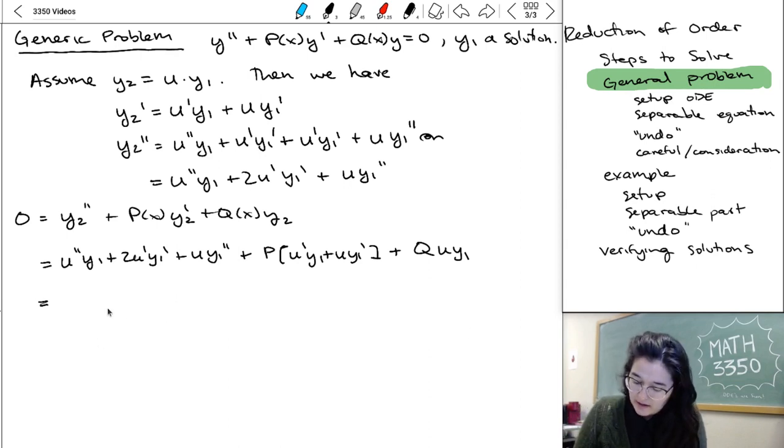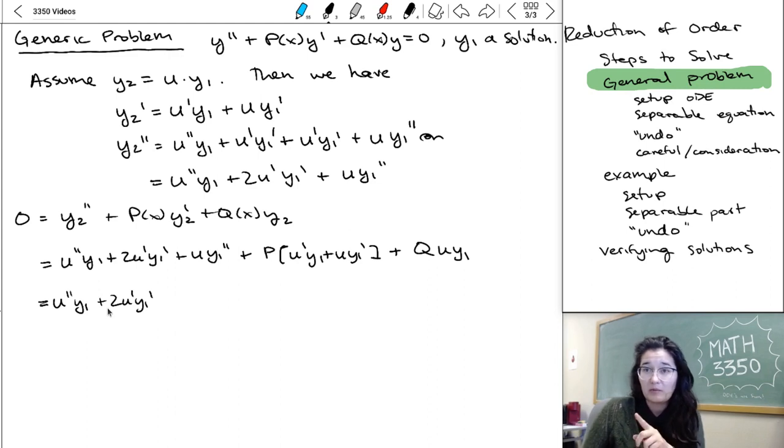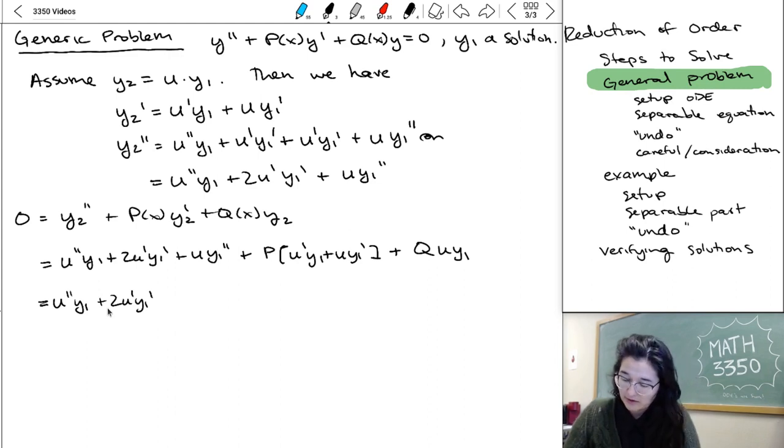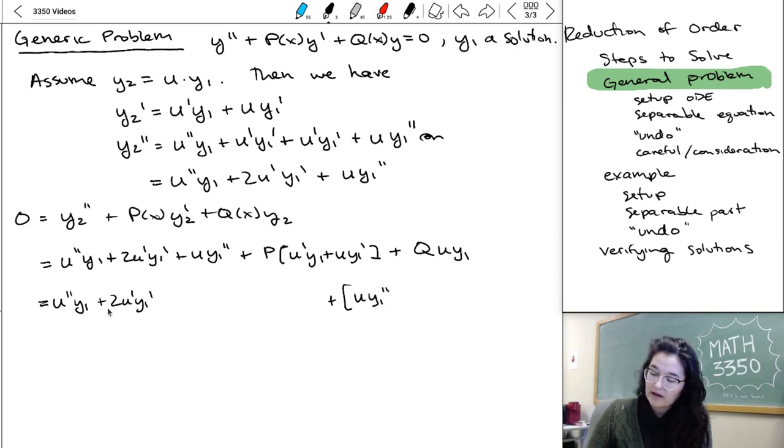So I've got u double prime y1, not normal u, plus 2u prime y1 prime, so it stays there. But my next term, u y1 double prime, I want to put in this special category on the side. So I'll give myself this much space. Put it over there.